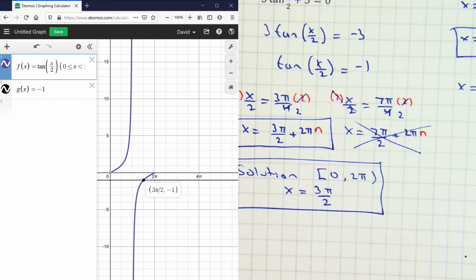It's my only solution. Questions? So if this was from 0 to 4 pi, then we would have a second solution. But in this case, we only have 2 pi, and therefore we only have one solution.